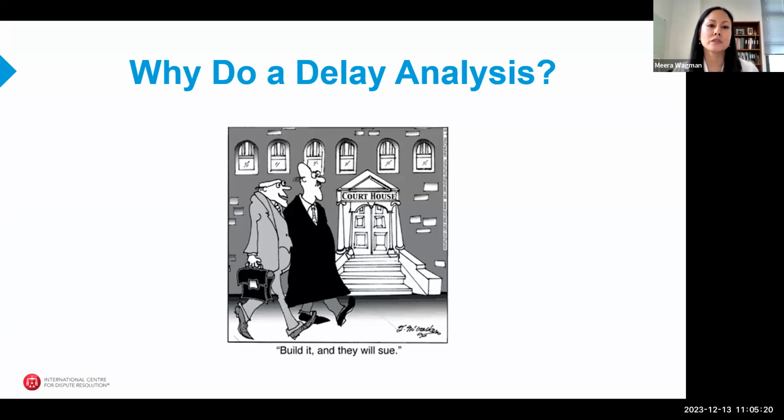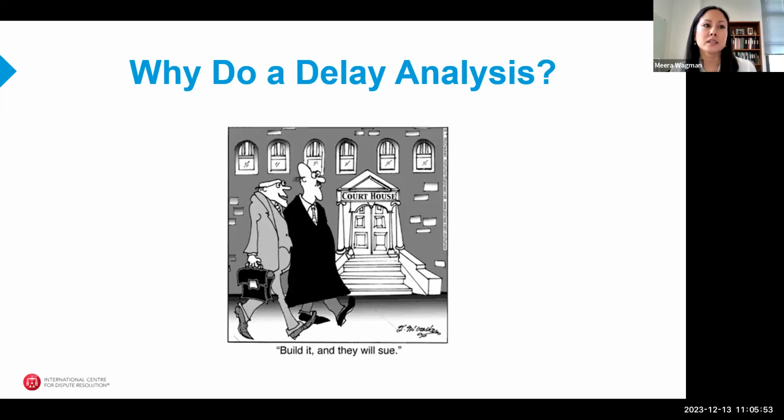So delay analyses are really used to help all the parties that Giorgio just talked about, and ultimately to help the trier of fact, whether it's a judge or a tribunal or a project neutral, to understand what actually happened on a project, what caused delays and impacts to that project, who might be responsible for those issues, and that involves the legal team and a contractual review, and we'll talk about that a little bit later, and ultimately, who needs to pay for the delays that were caused on the project.